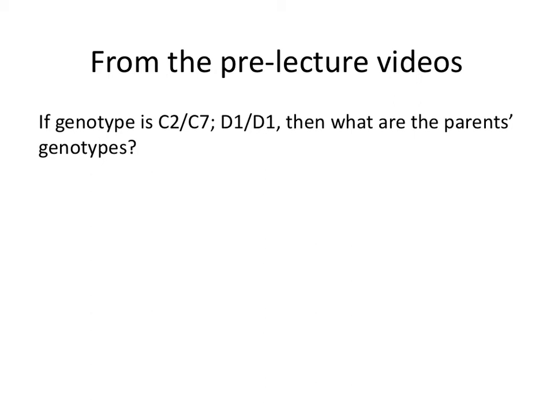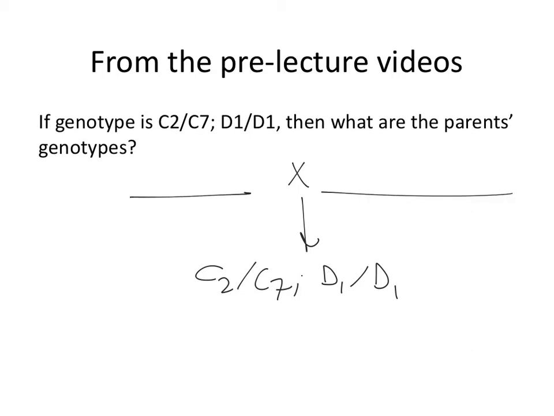So if you've got a genotype that's C2 over C7, that's one gene, and D1 over D1, what can we guess about the parents? We've got a couple of parent genotypes.